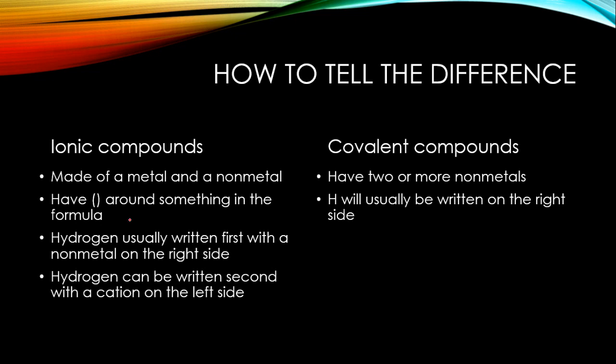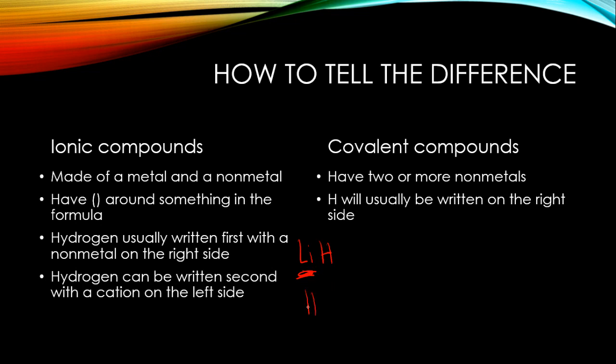If you have a polyatomic ion, you will never see the parentheses, at least in what we'll do in the covalent compounds. Hydrogen for ionic compounds is written first, or with a nonmetal on the right side. It can be written on the second side, but it has to have a metal to the left of it. So if you see something like LiH, when I see Li first, that's a metal, then I know that this is an ionic compound and hydrogen is acting as a nonmetal.